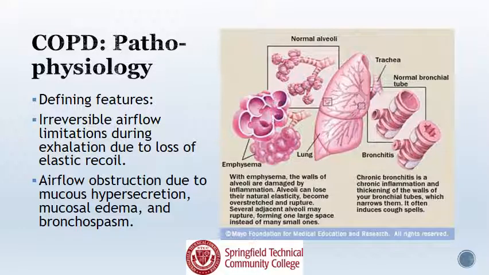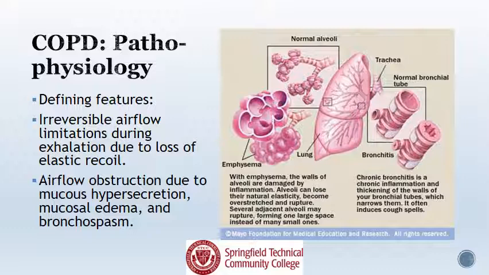So here is a nice picture of what your normal alveoli look like. They are like little sponges with all those little chambers nice and open and flexible. In emphysema, these little areas break and you have mucus trapping, you have sponges that don't recoil basically. So the air gets trapped inside the alveoli when the patient has emphysema.